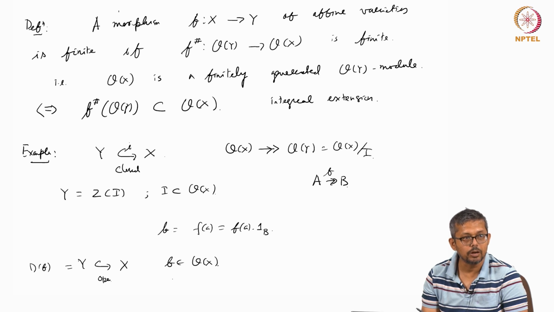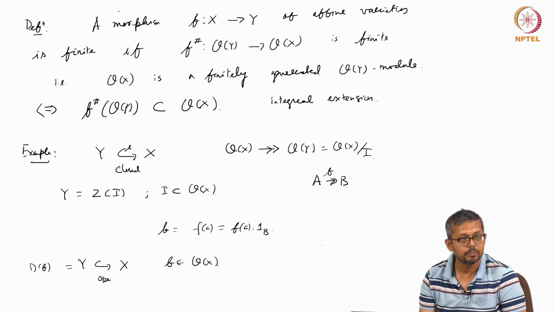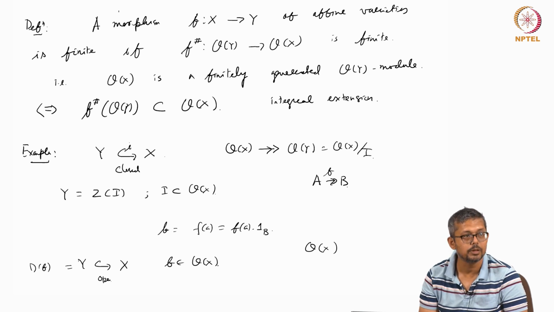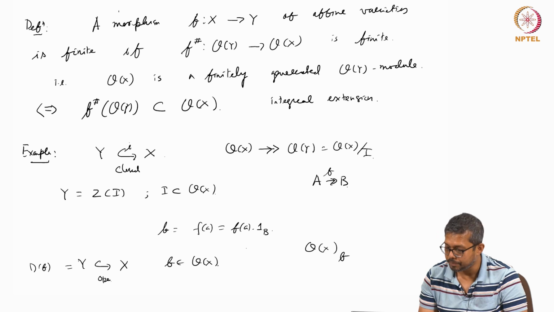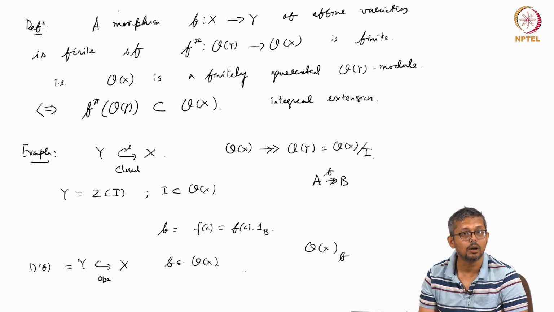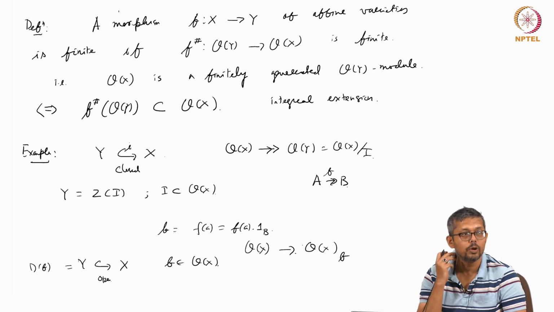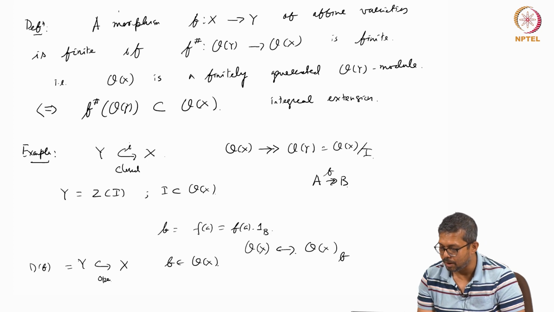Then what is the ring of regular functions on the open subset D(f)? D(f) is the basic affine, so it is O_X localized at f. But O_X to O_X[1/f] is an inclusion map.